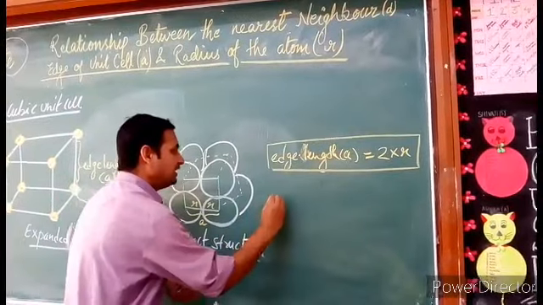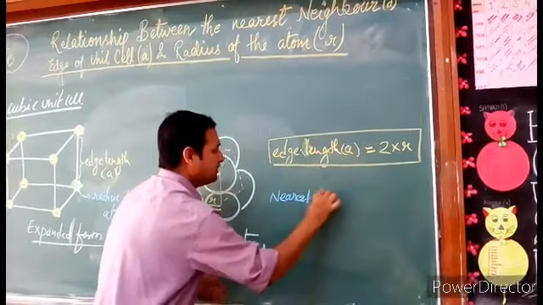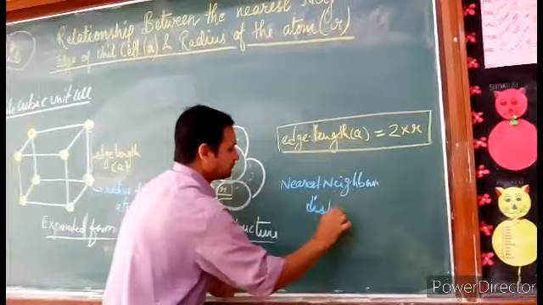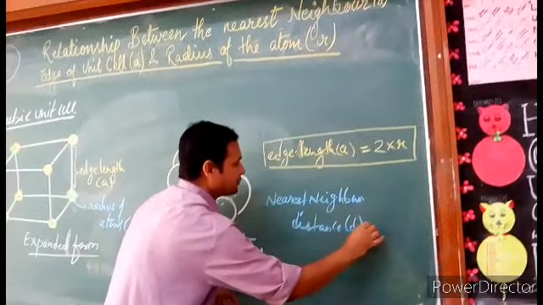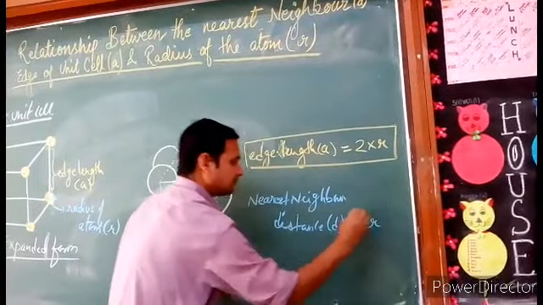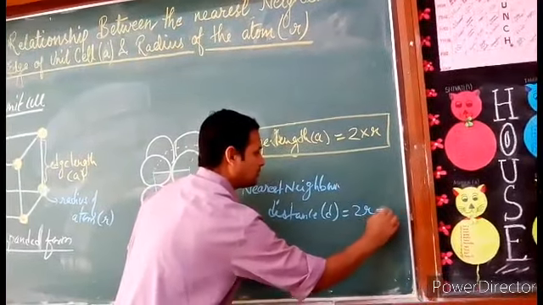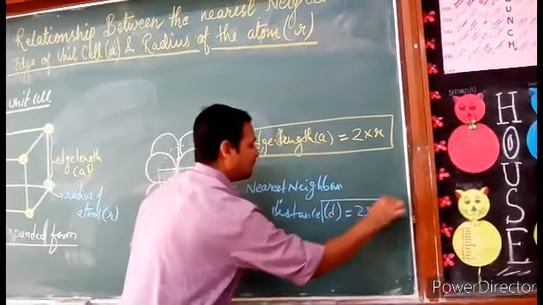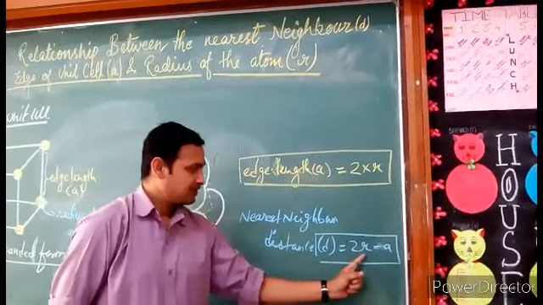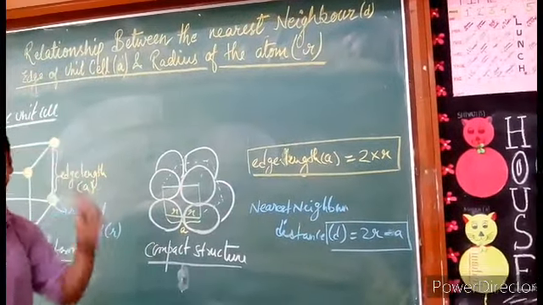So the nearest neighbor distance comes to be 2r, and 2r equals A. So we got the relationship between nearest neighbor distance, radius, and edge of simple cubic unit cell.